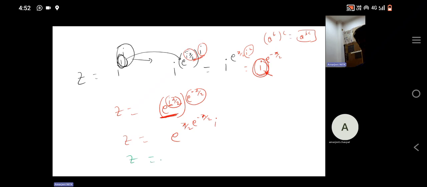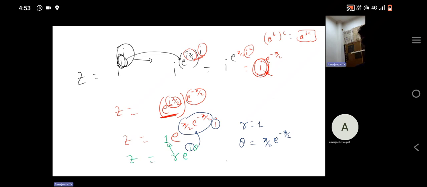If you compare this with z is equal to r into e to the power i theta, what will you get? Here nothing means 1. So value of r is 1. You have iota here. So value of theta is this. That means r is equal to 1 and theta is equal to pi by 2 e to the power minus pi by 2.